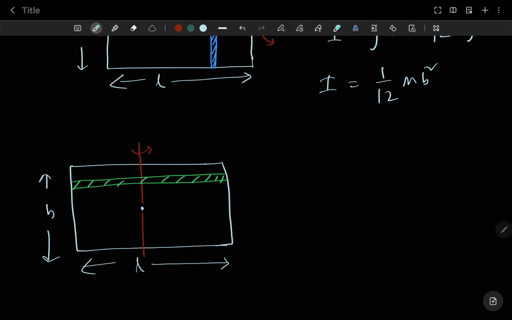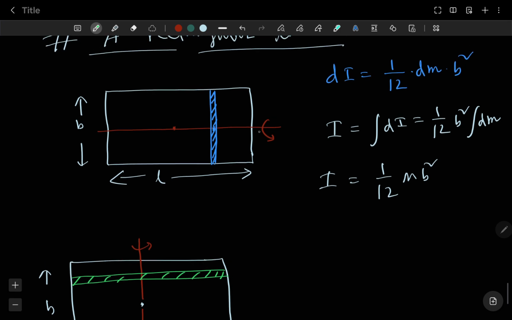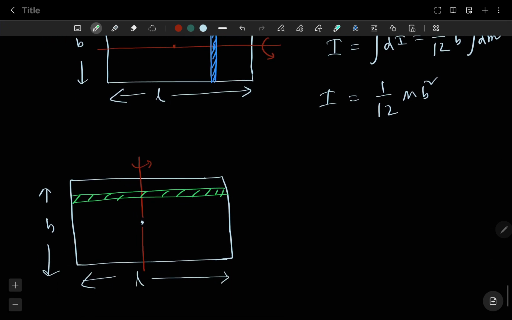So here the axis was parallel to length and here the axis is parallel to breadth. So here you will consider it like this. dI is 1 by 12 dm l square, passing through the midpoint of the rod. L is the length of this rod. Alright, clear? And for the whole lamina you need to integrate it.